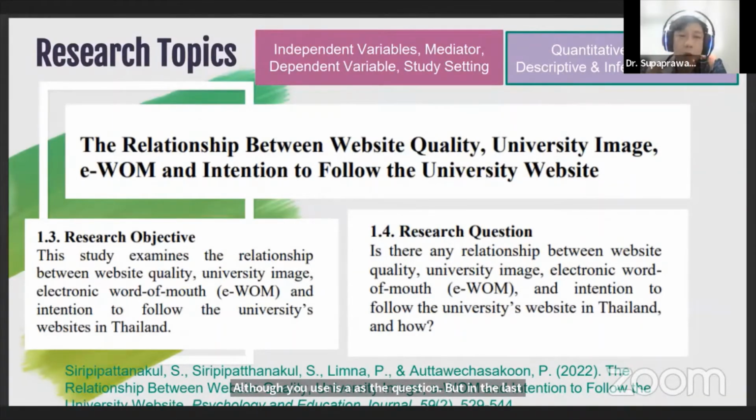It means that it is not only answered with yes or no, but the researcher explains how the relationship is between website quality, university image, electronic word of mouth, and the outcome of intention to follow the university website.